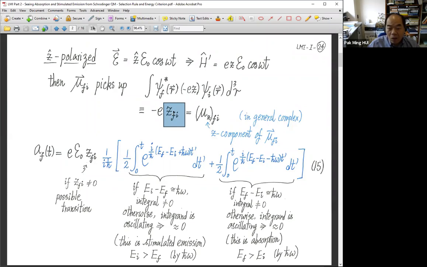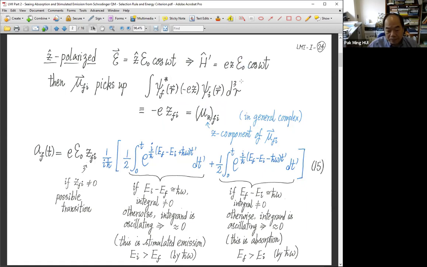More generally, this combination is the Z component of the electric dipole moment. Thereby, it is the matrix element Fi of the Z component of the electric dipole moment. Okay? Now, more generally, it should be a vector and dot into the field when we consider general polarizations.